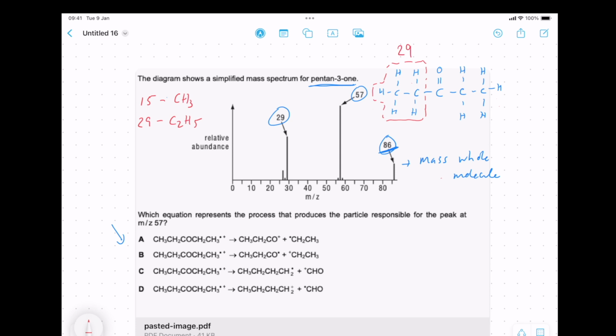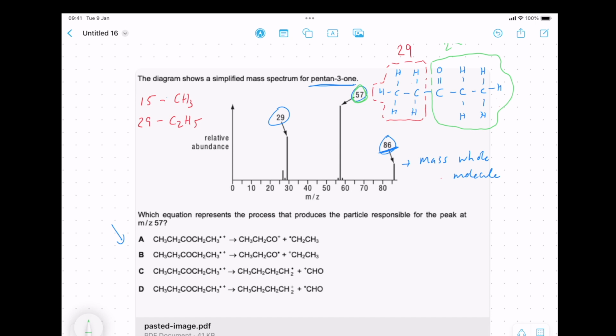Right, the 57 one, well, it must be involving the C double bond O. So 29 plus 12 plus 16 confirms that the 57 one, I'll draw a different color for this one, green, must be this bit here.